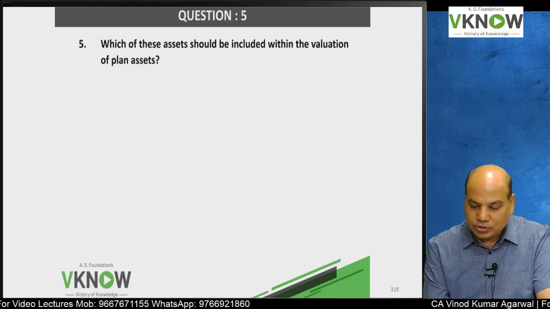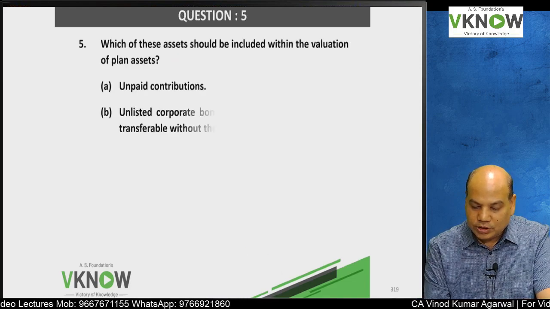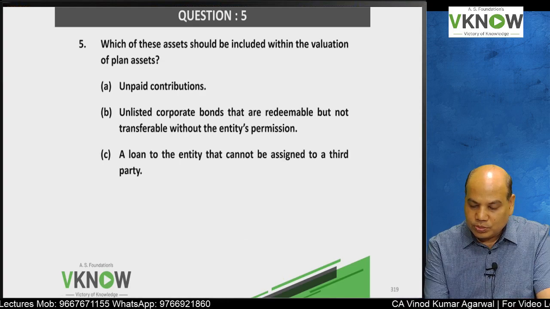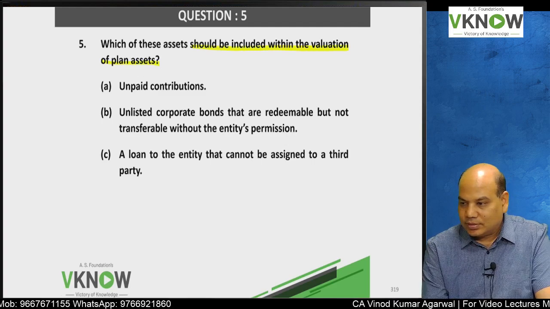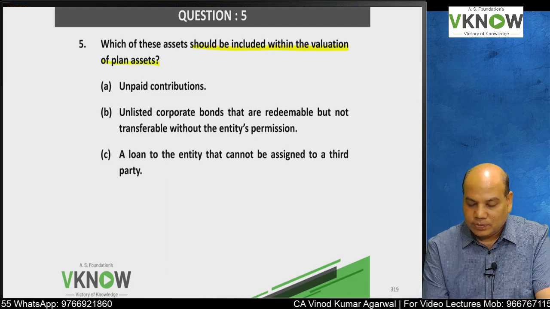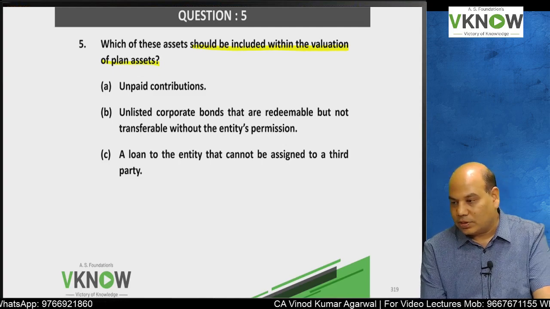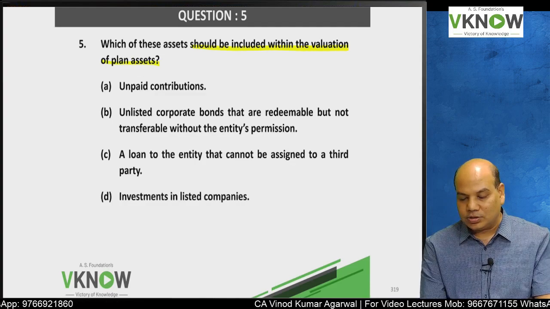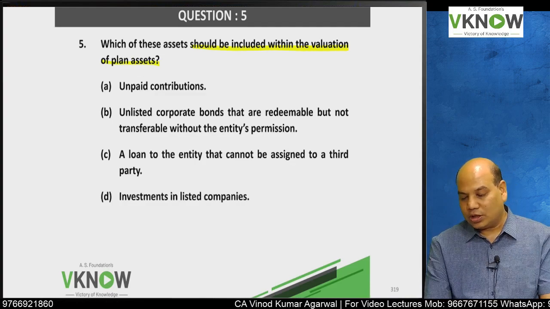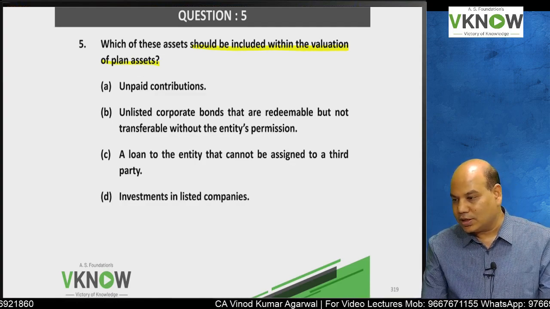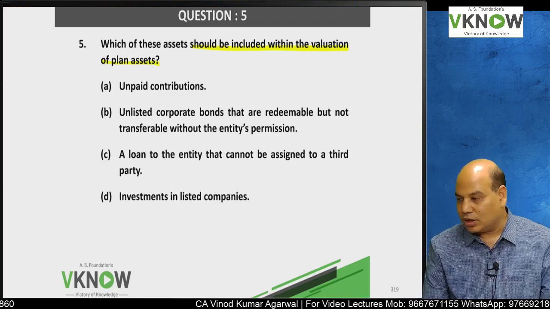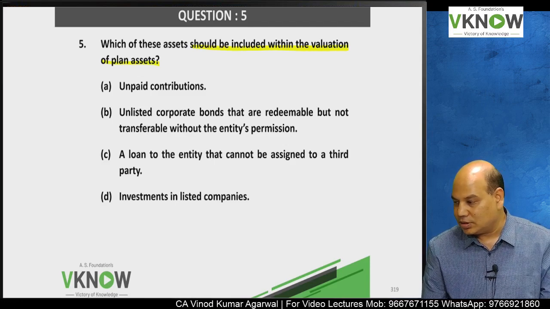Now the next is which of these assets should be included within the valuation of plan asset. Unpaid contribution, unlisted corporate bonds that are redeemable but not transferable without the entity's permission, a loan to the entity that cannot be assigned to a third party, and the last is investment in listed companies.